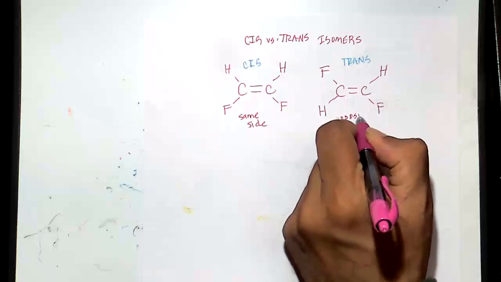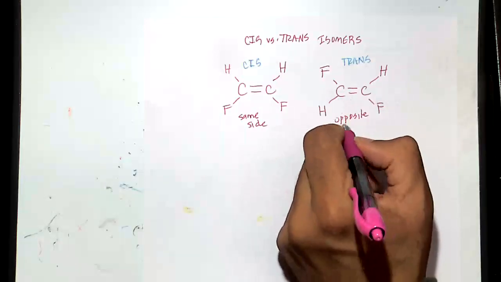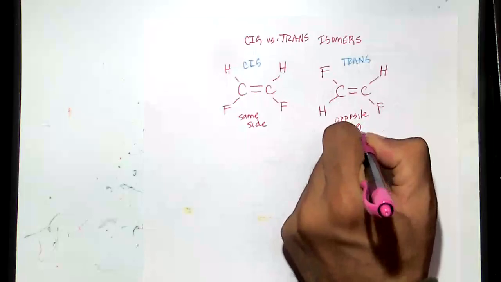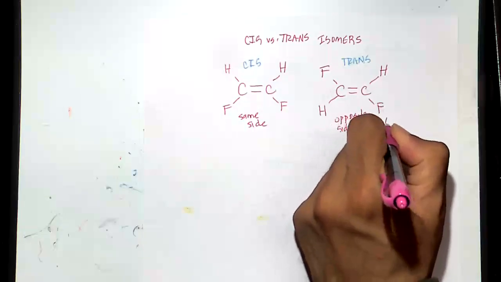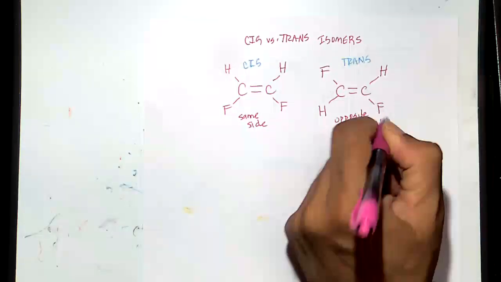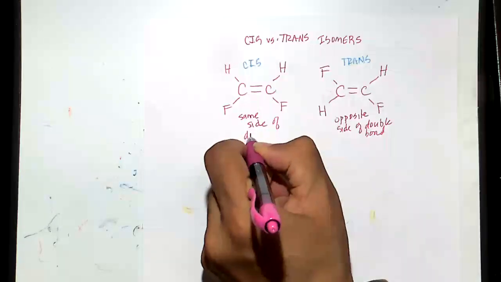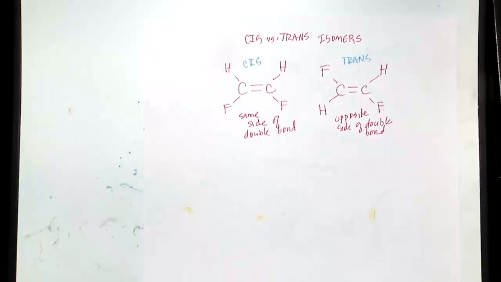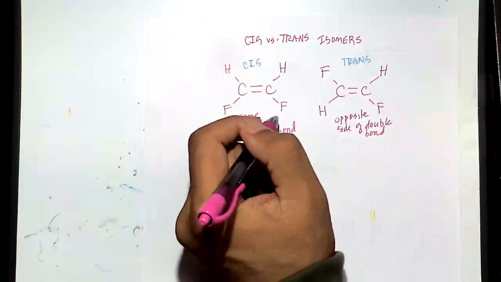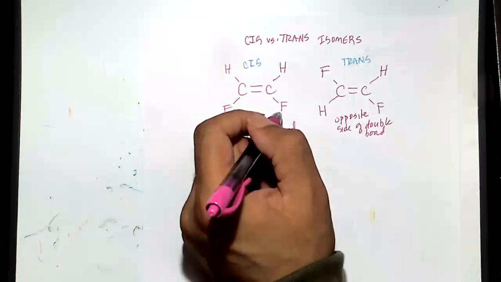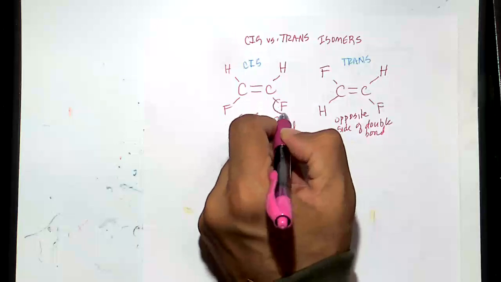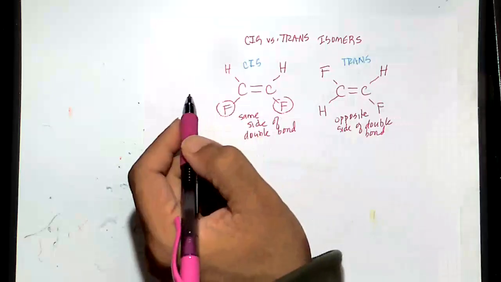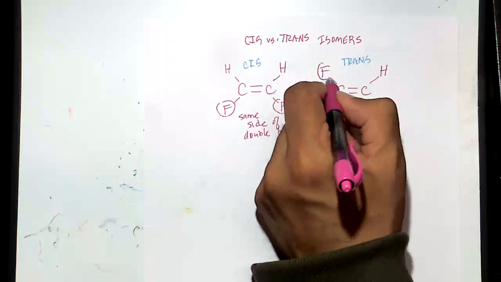Opposite side of the double bond. So whatever atom the substituent may be, okay, if it's on the same side, it's the cis isomer.